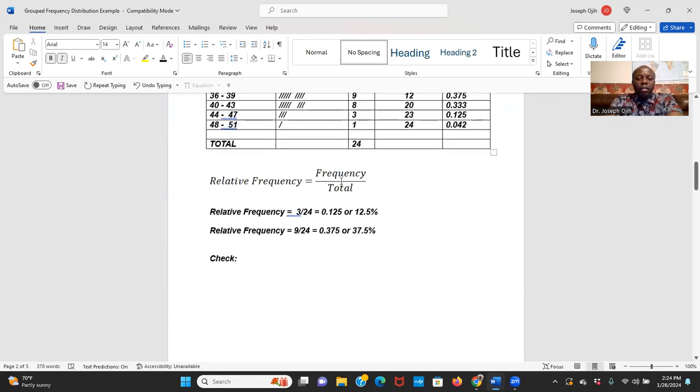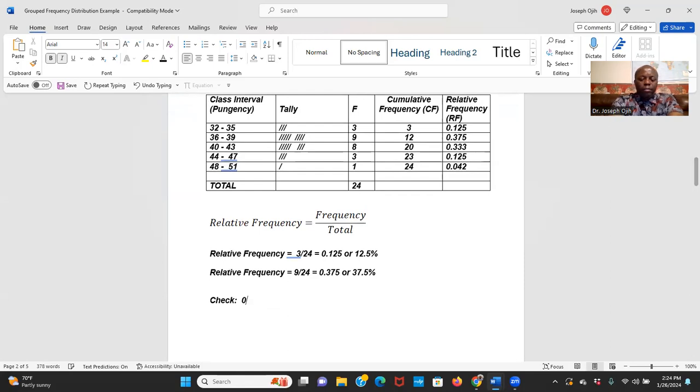First is 0.125 plus 0.375 plus 0.333 plus 0.125 plus 0.042.